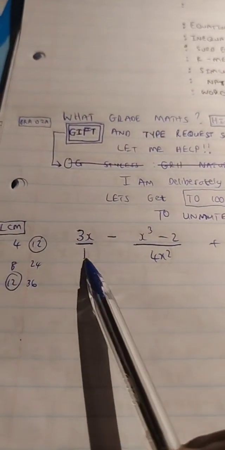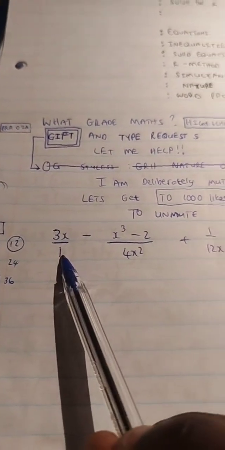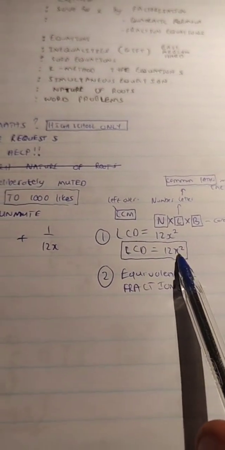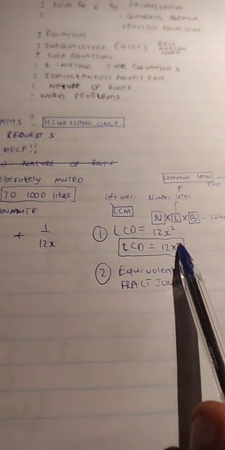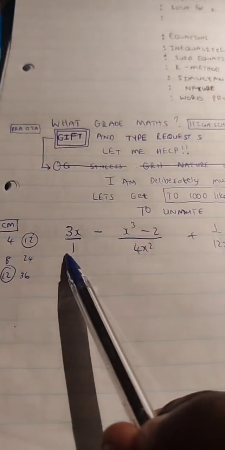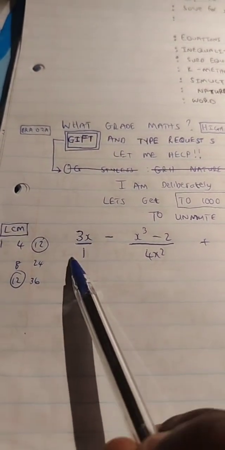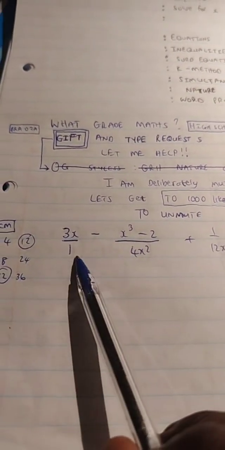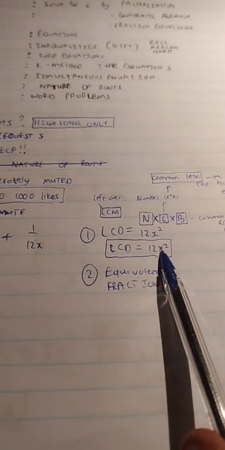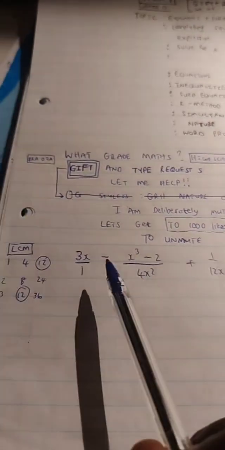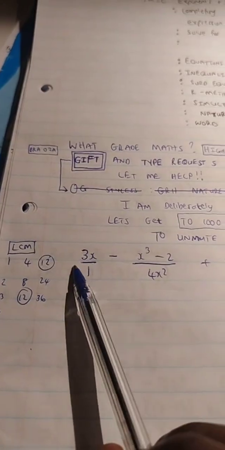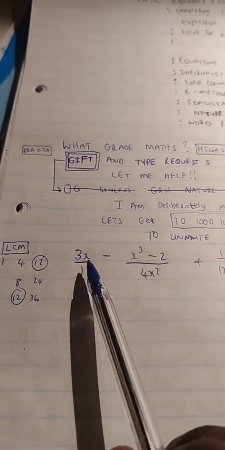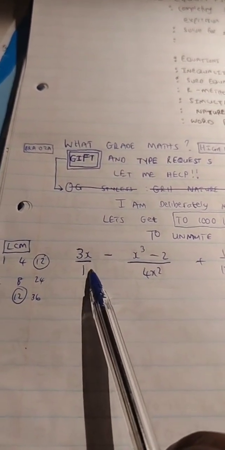So we use the LCD to basically make the current denominator of each fraction become like the LCD.